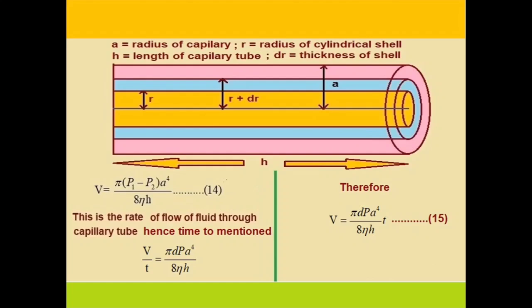Hence, mentioning time, capital V divided by t is equal to pi dP into a raised to 4 divided by 8 eta h. Therefore capital V is equal to pi dP into a raised to 4 divided by 8 eta h into t. So this is equation 15. Instead of the difference of pressure, that is P1 minus P2, I have mentioned dP.